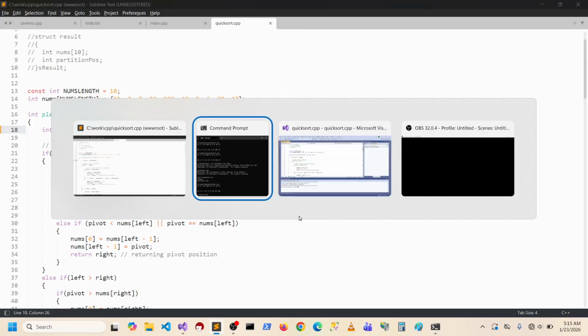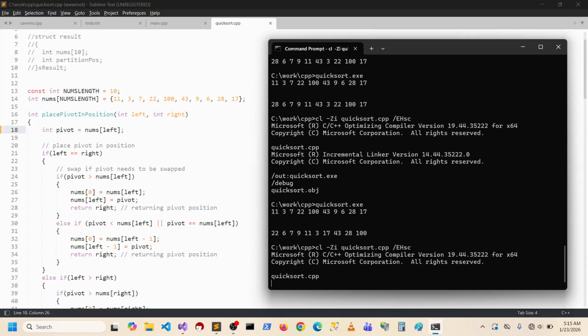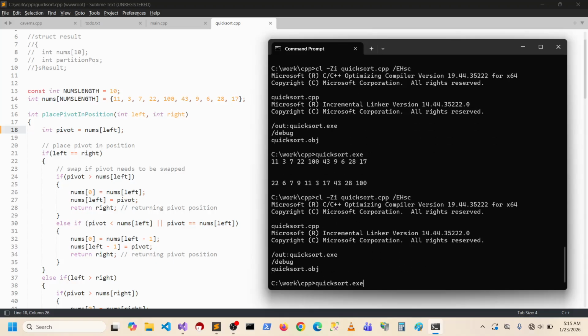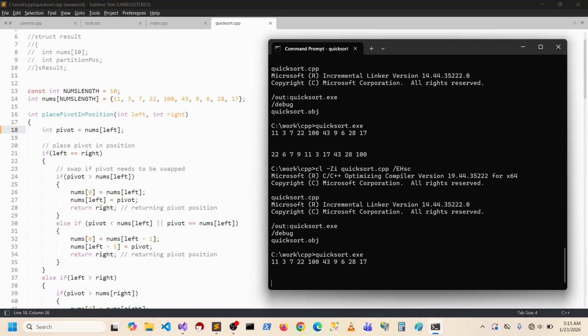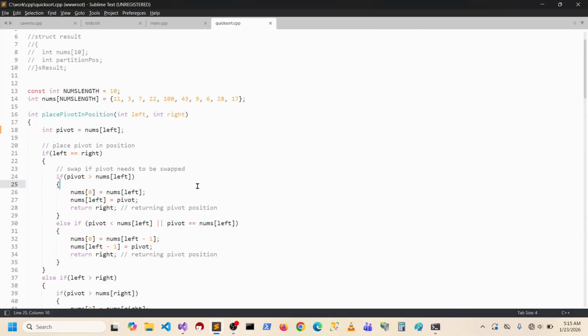Try that. There. Down. So we got that. Trigger it. That 22 is still there. So we got a problem in the right one still. Ow, shoot.